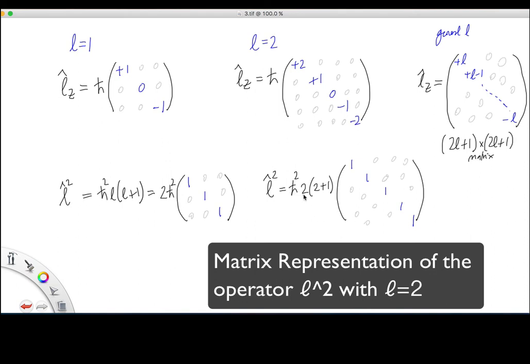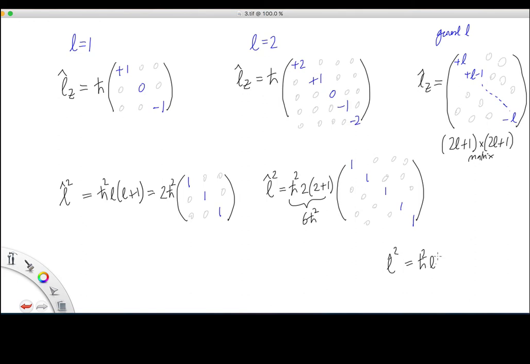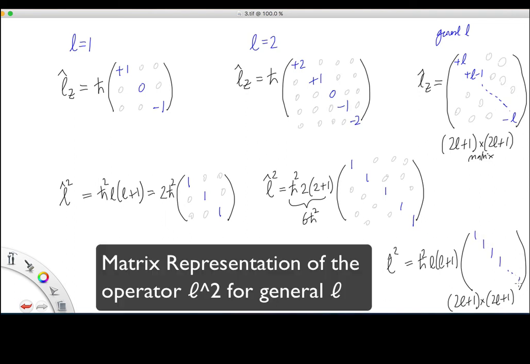The factor in front evaluates to 2 times 3 is 6 h bar squared. And similarly, the L squared matrix for general L would have h bar squared L, L plus 1, and then again a 2L plus 1 times 2L plus 1 matrix with 2L plus 1 values of 1 along the diagonal and 0 everywhere else.